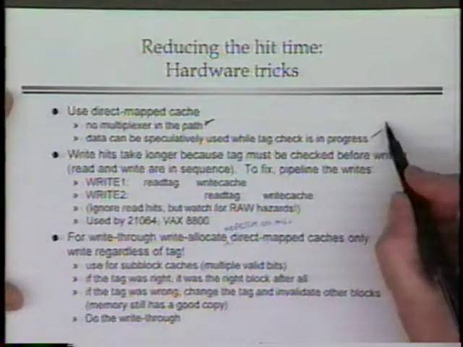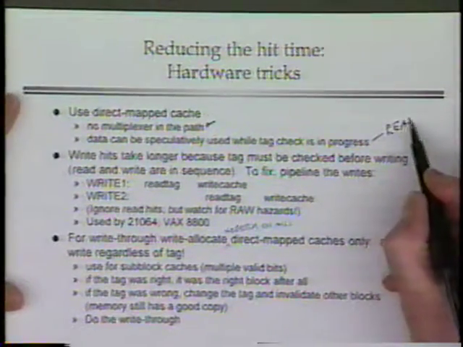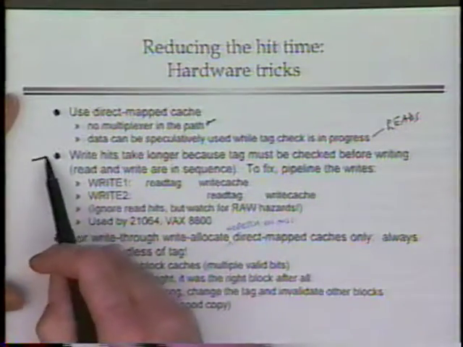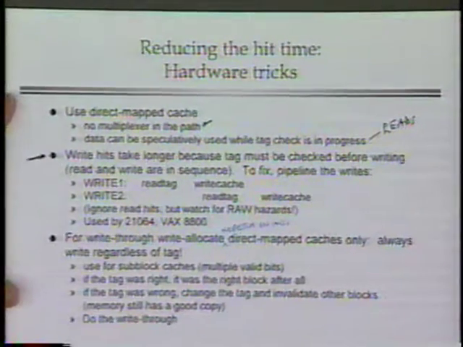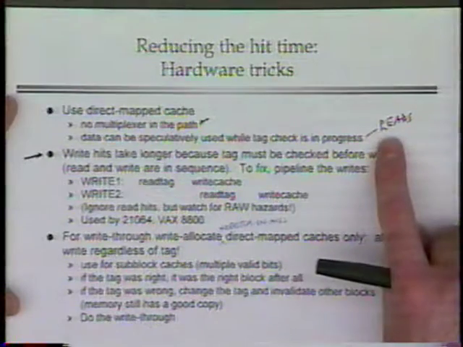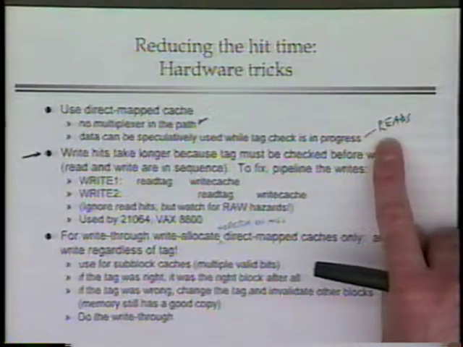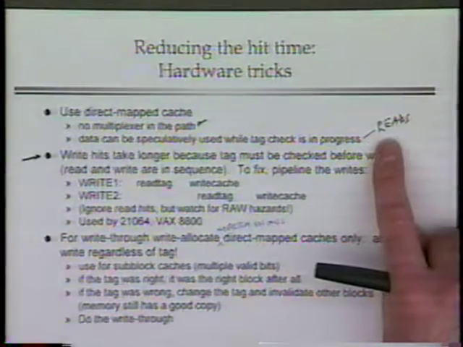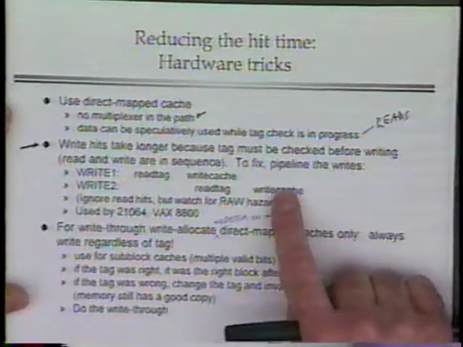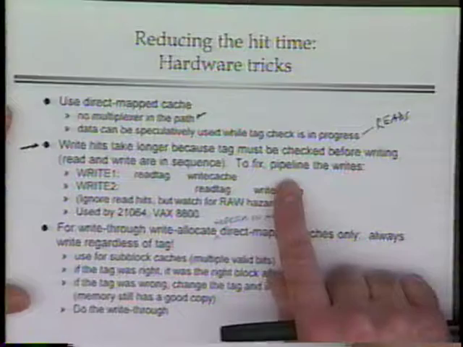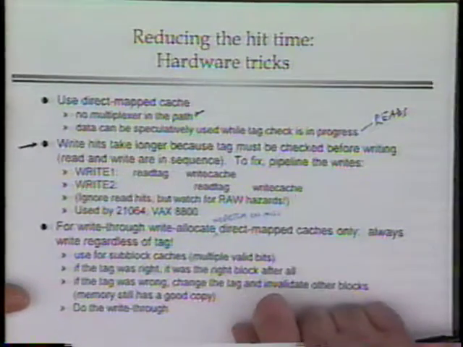That works well for reads. But as I pointed out earlier, for writes, that doesn't work as well, because you can't do the write, especially if it's a write copyback cache. You can't do the write until you've done the tag check to make awfully sure that the data you're about to destroy is the right data.